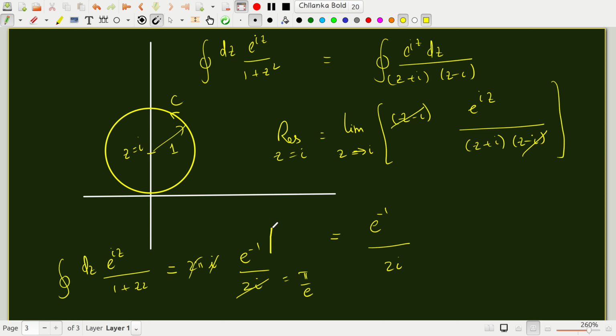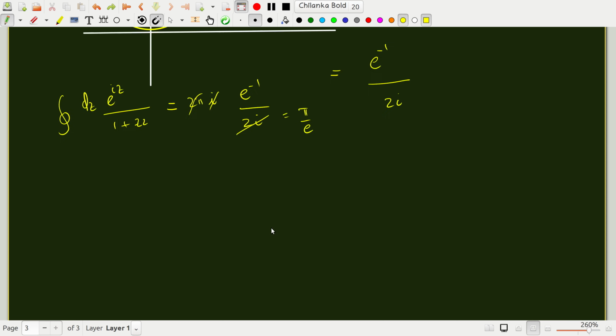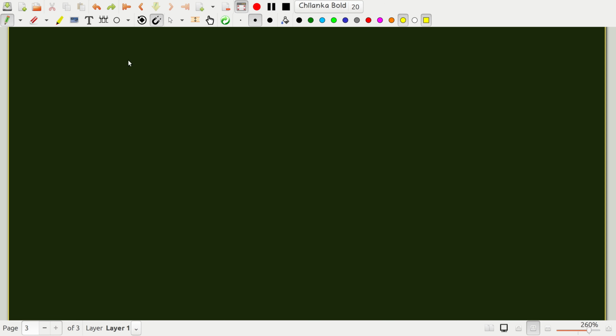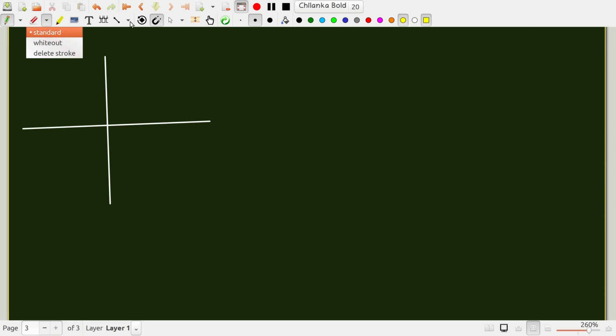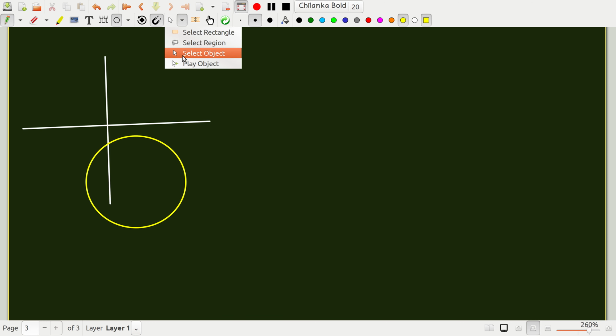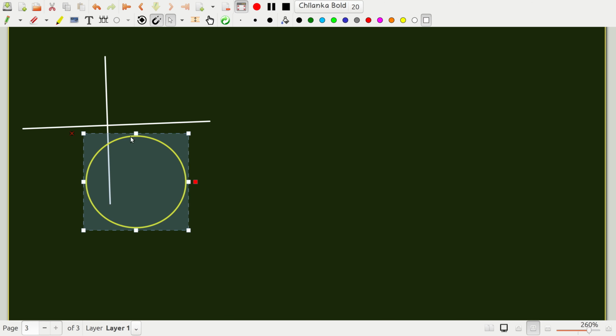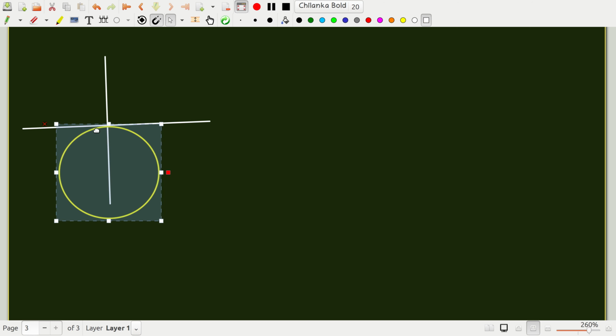So it is, sorry about this, that simple. If I were to include the other pole in the contour, let's see. Now let's say this is my contour and this is minus i.